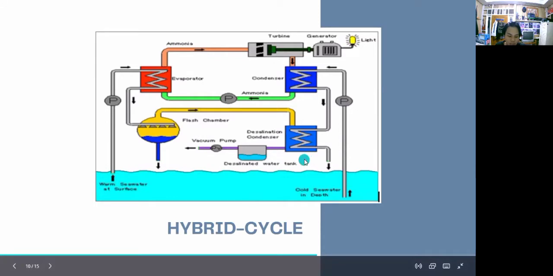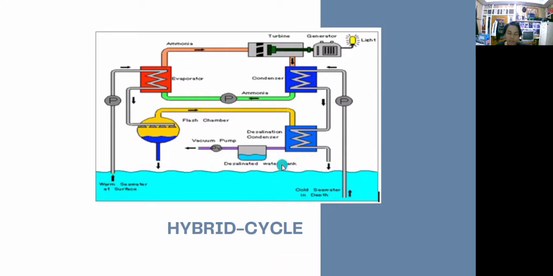The steam vaporizes the working fluid, which is usually ammonia, of a closed cycle loop on the outer side of the evaporator. The vaporized working fluid then drives a turbine and generator unit while that steam condensate within the heat exchanger is used to produce desalinated water.